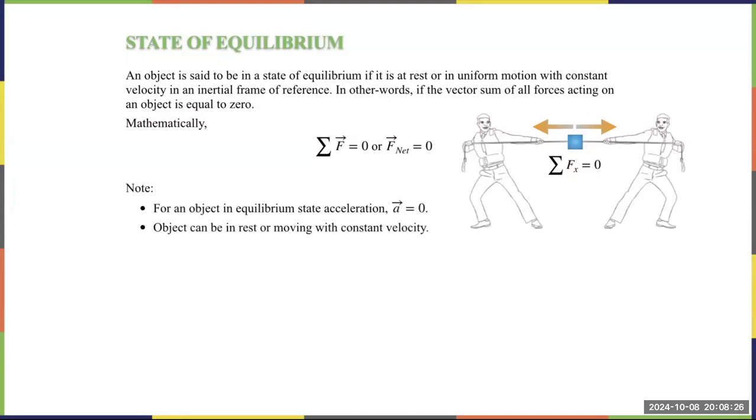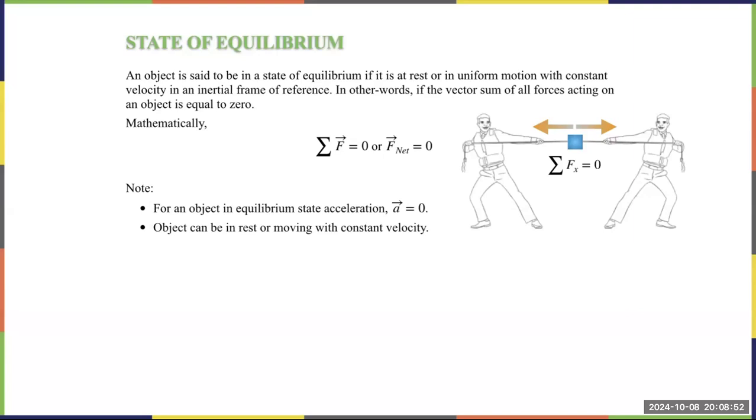Now, since the net force is zero, mass is not zero, that means your acceleration is zero. So when acceleration is zero, that means the object could be at rest or could be moving with a constant velocity, right?